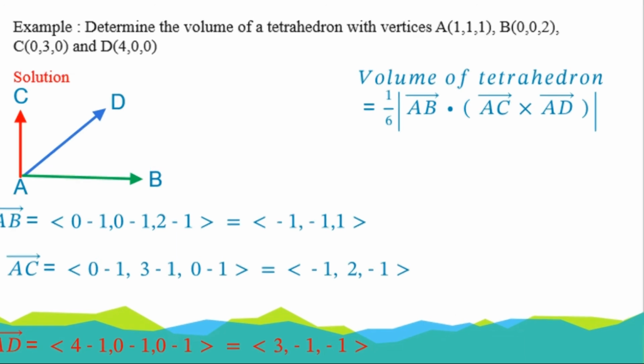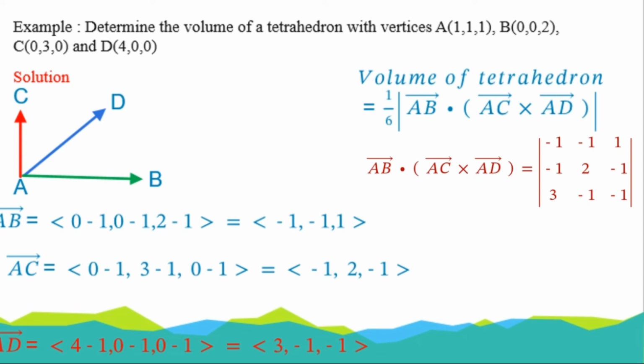To get the triple scalar product, we take the determinant of a 3 by 3 matrix, where the first row will be AB. It's mandatory that the vector outside the cross product comes in the first row, then the second row will be AC, and the third row will be the components of AD.